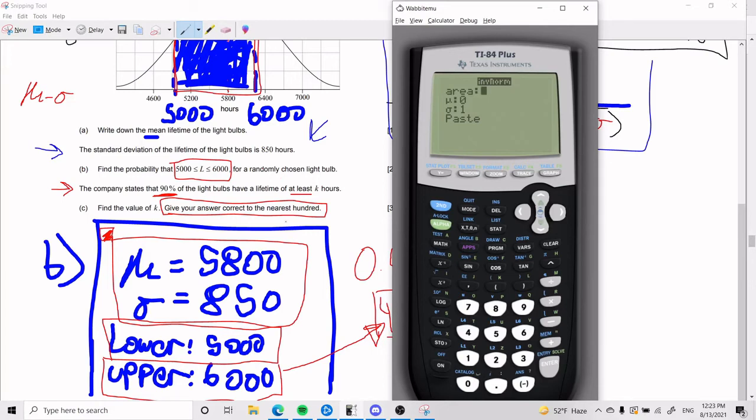Notice that in the other one, in normal CDF, we gave it its parameters, its lower and upper, and it spit out an area. And here in inverse normal, it's the other way around. We're going to give it an area, it's going to spit out a number.